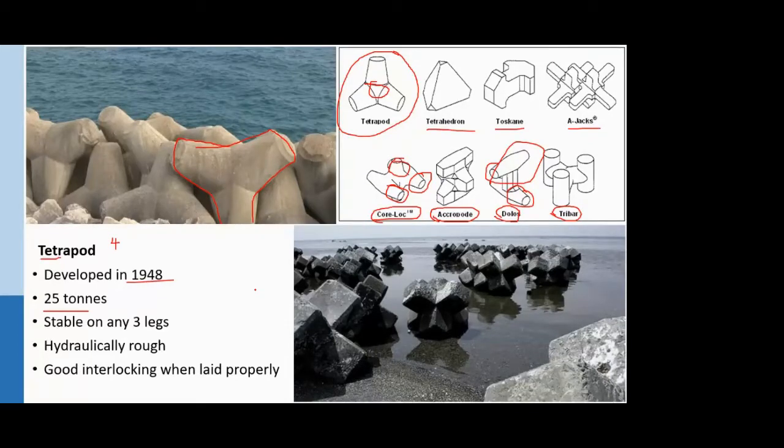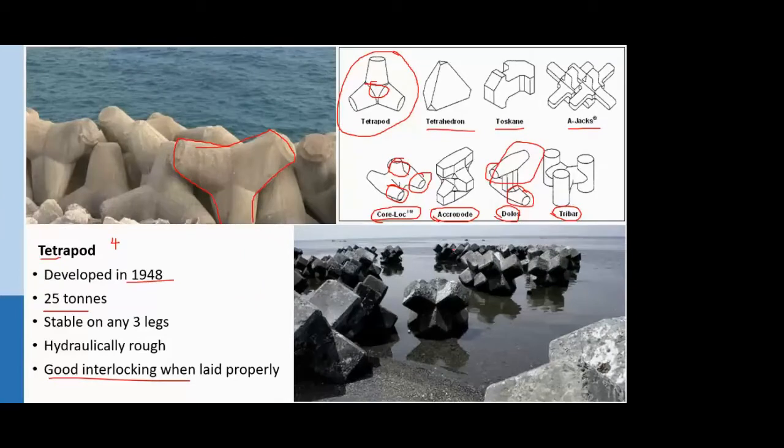Hydraulically speaking, it is a rough one, rough as in it is not smooth, so it is not going to allow the water to ingress towards the land side or harbor side. And the interlocking is good because it's an irregular shape, so the legs will take care of the interlocking.